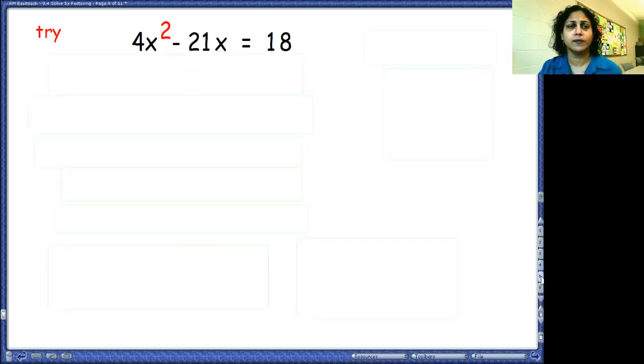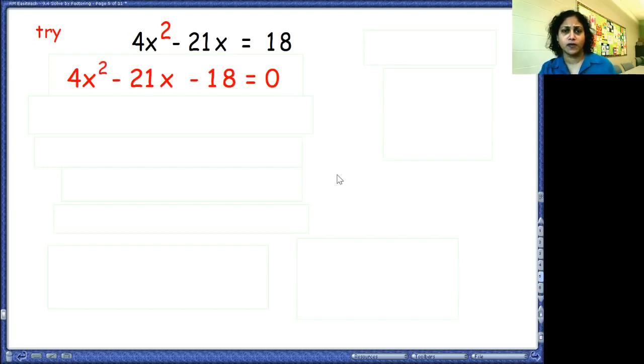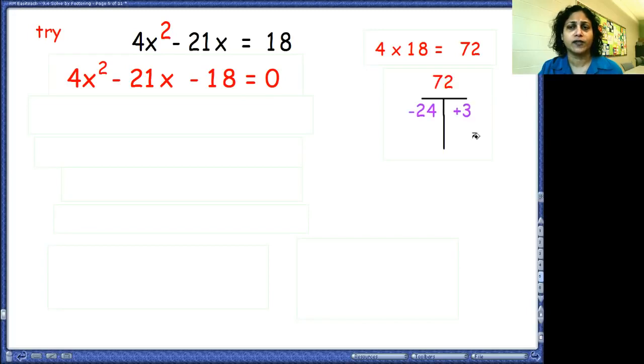Let's try another one. So this is obviously not in standard form, neither is it equal to 0. So you're going to move the terms around so you have the standard form equal to 0. We're going to multiply 4 times 18, which is 72, and then look for factors of 72, which will give us 21.